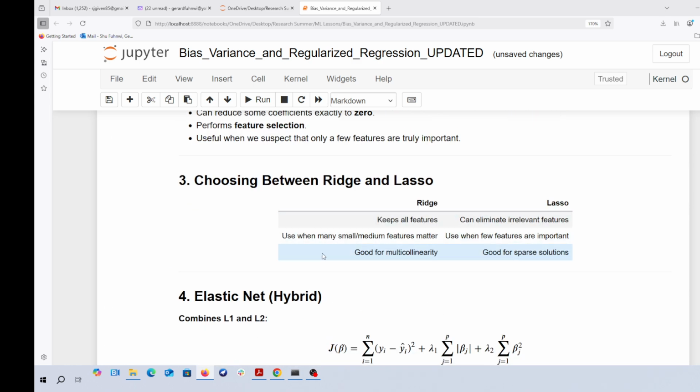Also, if we want to use many small and medium features, we use ridge regression. We only use lasso when we need few features that are very important. I also mentioned that ridge regression can be used to solve the problem of multicollinearity, which is the correlation between the features instead of between the features and the target.